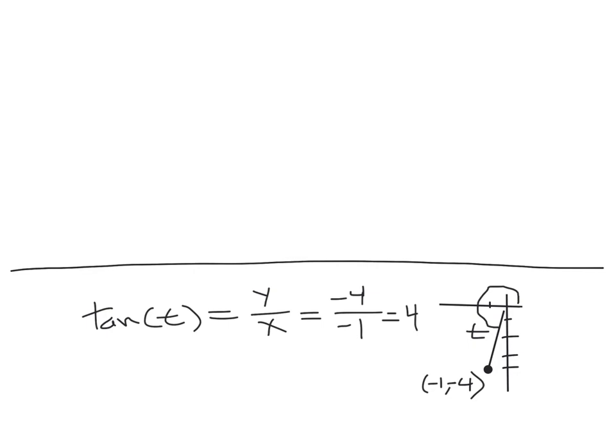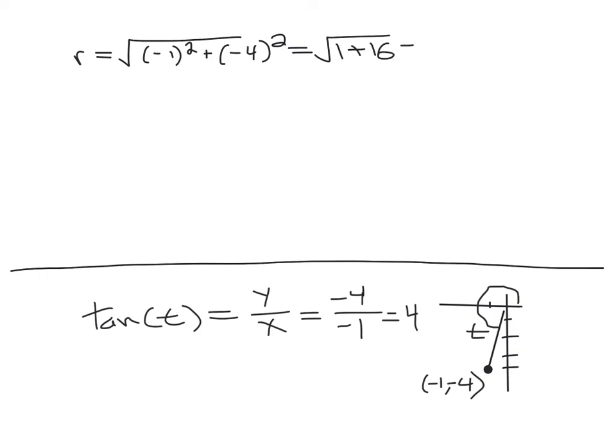So using the point in the plane definitions to get sine and cosine, we first have to get the distance from the point to the origin. So that's the square root of negative 1 squared plus negative 4 squared, which is the square root of 1 plus 16, which is the square root of 17.